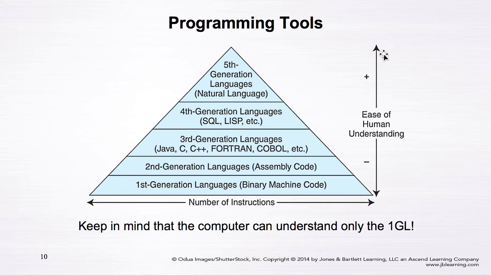You can see that the ease of human understanding goes up from the bottom to the top. So this language is easier for a human being to understand. But the lower layer goes to the machine, so the machine can quickly carry out that kind of instruction.